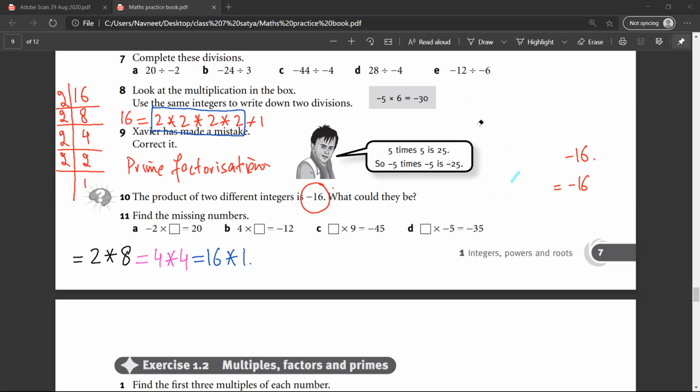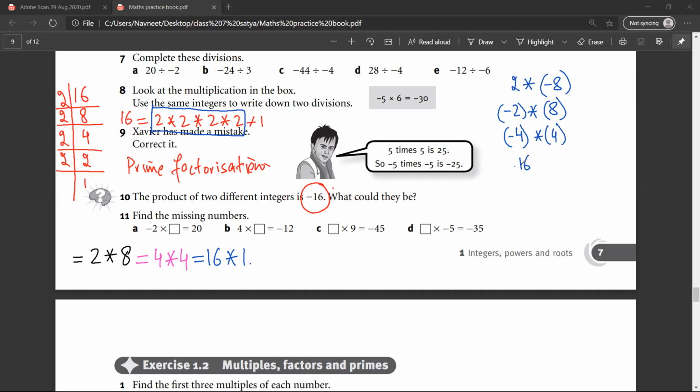So the simplest way to do these questions is you can take prime factorization. You can see the factors. So I can have 2 into minus 8. I can have minus 2 into 8. I can have minus 4 into 4.